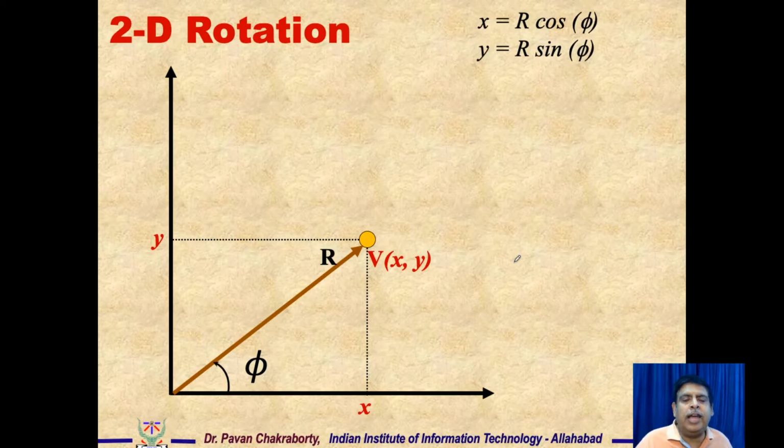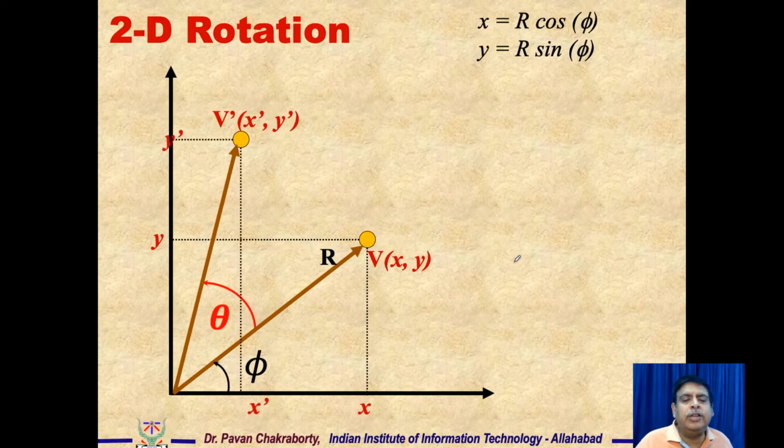Now we would like to rotate this point or this vertex from the point V(x, y) to a point V'(x, y), and the rotation angle is theta, which would give me new coordinates for this vertex. The new coordinates are x prime and y prime.